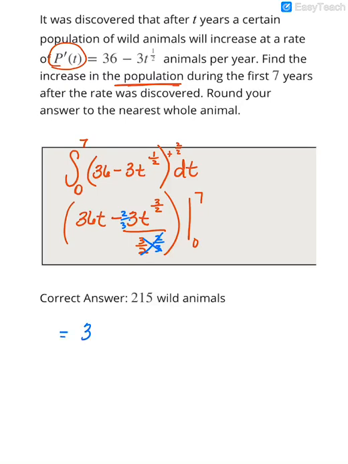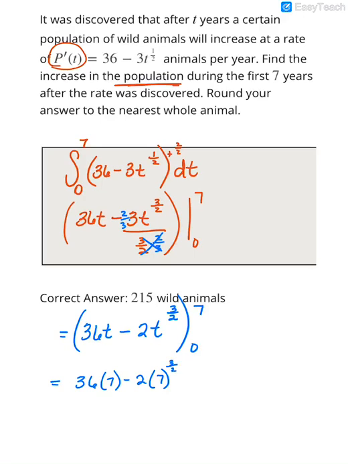So I've got 36t minus 2t to the 3/2 power. And then we are evaluating it from 0 to 7. So if I plug in the 7, I've got 36 times 7 minus 2 times 7 to the 3/2 power. And then I have to subtract 36 times 0 minus 2 times 0 to the 3/2 power.